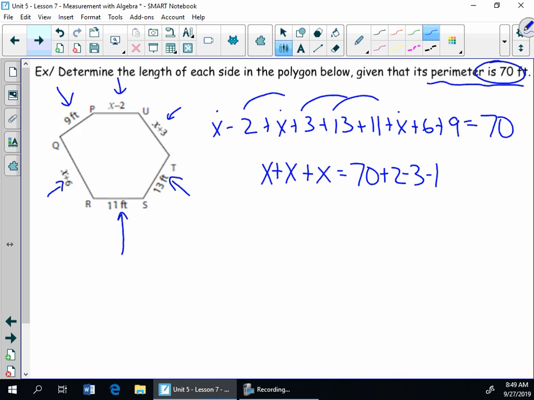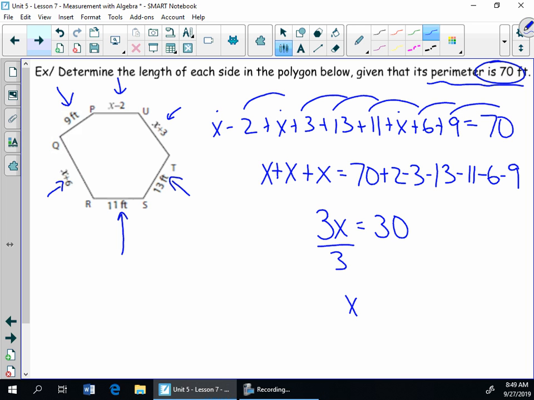The 13, minus 13. Minus 11. Oh, a whole bunch of numbers here. Minus 6. Minus 9. Okay, collect them up. I got 3 x's. If I tip all those in my calculator, I got 30. But I don't want 3 x's, I want x. Whatever I do to one side, do to the other, and x is 10.